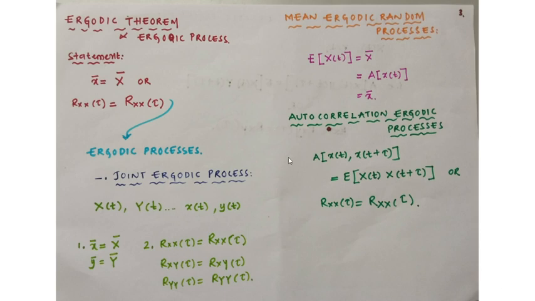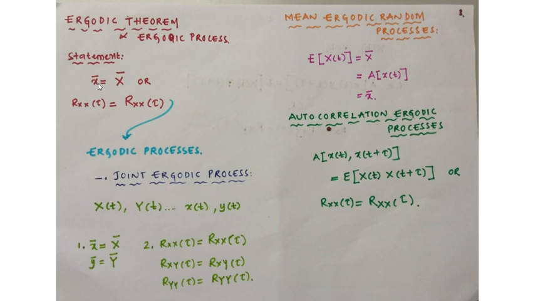The ergodic theorem states that for any random process x of t, all time averages of sample functions of x of t are equal to the corresponding statistical or ensemble averages of x of t.